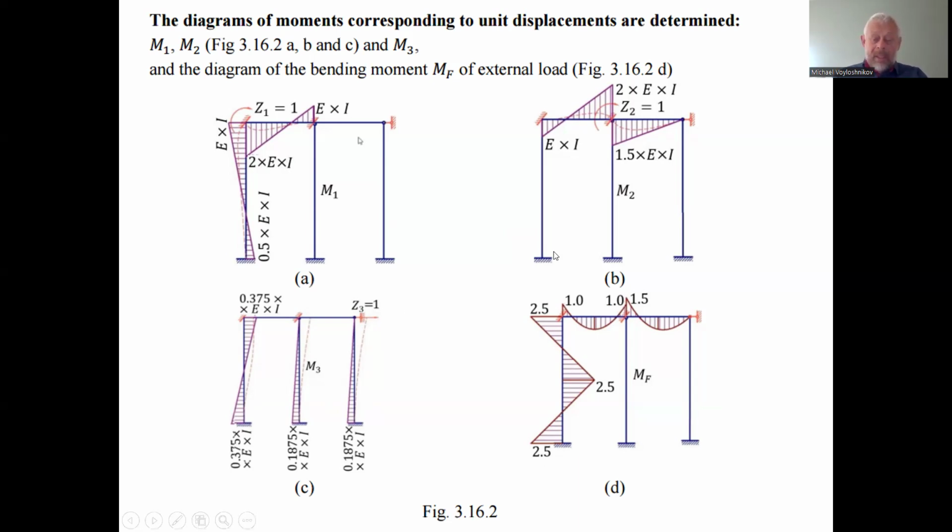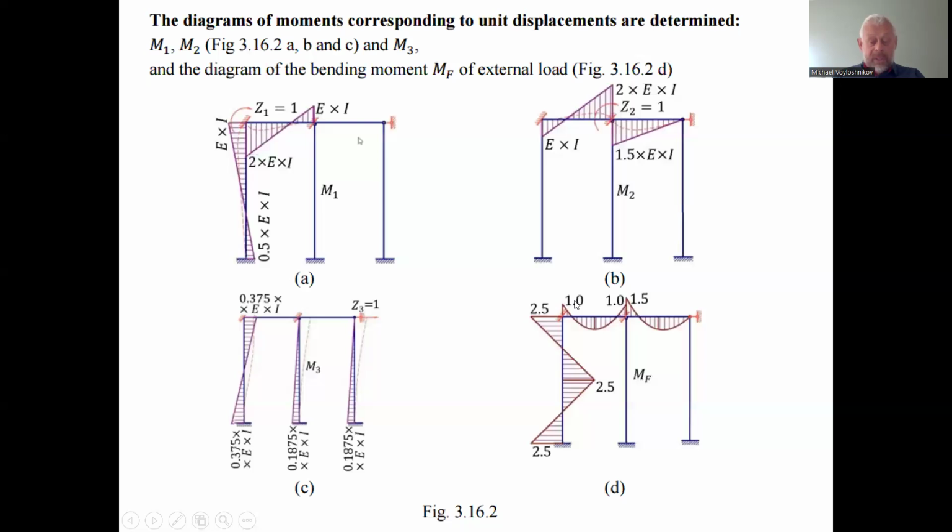So under the action of the external load, in the left one we have 2.5. In the left one, a rod connected to this first one, and to this first one, an extra connection, sliding embedding. And on the right, we have one.